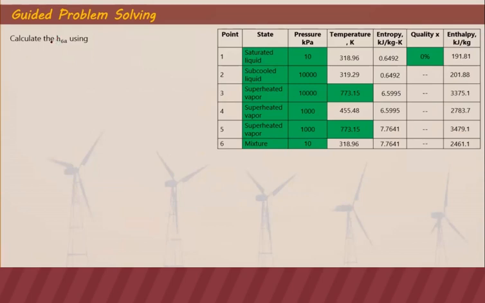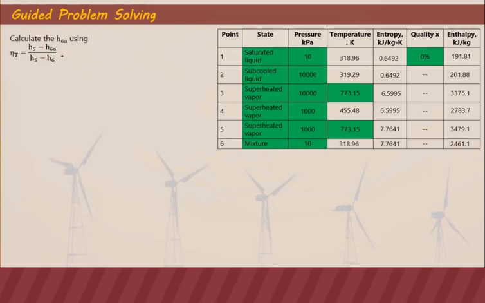If you look at our diagram, we have an actual cycle with points H6A, H4A, and H2A. These are the actual values because of the isentropic efficiencies. To calculate that, we will use our formula: the isentropic efficiency of the turbine is H5 minus H6A over H5 minus H6.